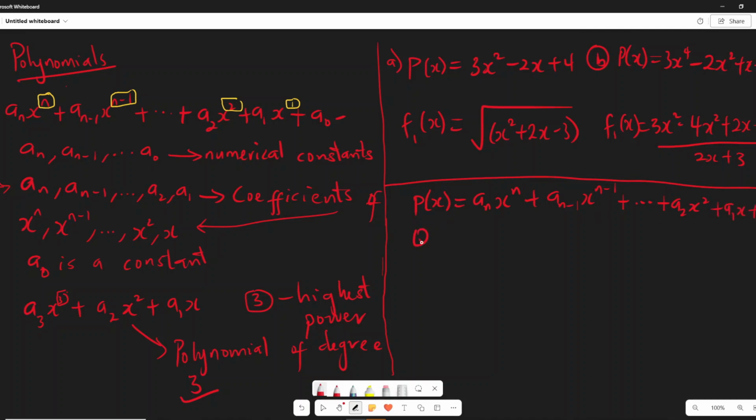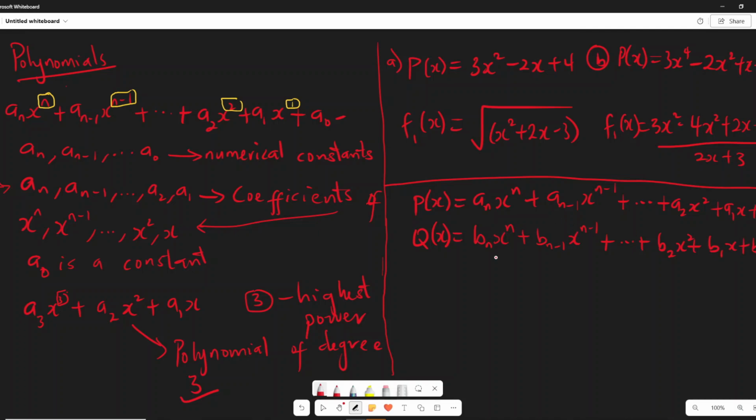And then we also have a different polynomial, q of x, which is now b subscript n, x to the power of n, plus b subscript n minus 1, x to the power of n minus 1. And then we keep going to b subscript 2, x to the power of 2, plus b subscript 1, x to the power of 1 here, which we don't write, plus b subscript 0.